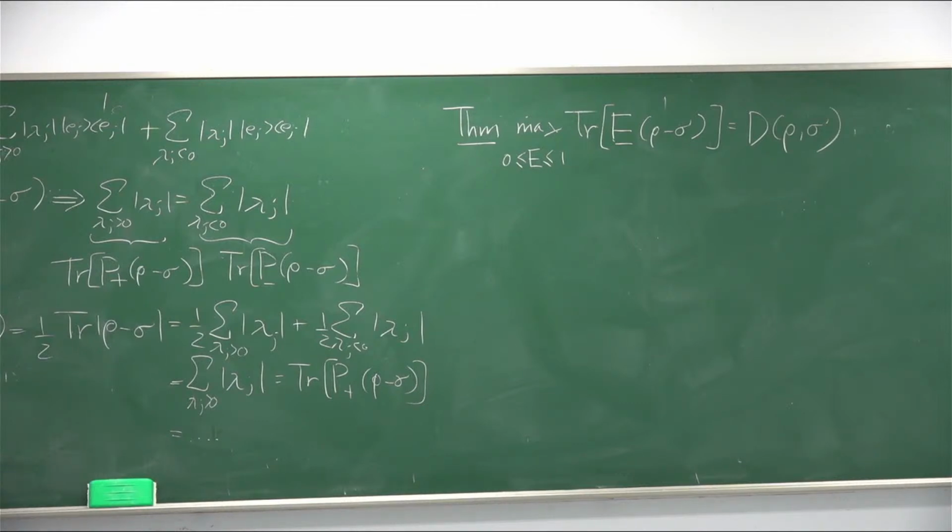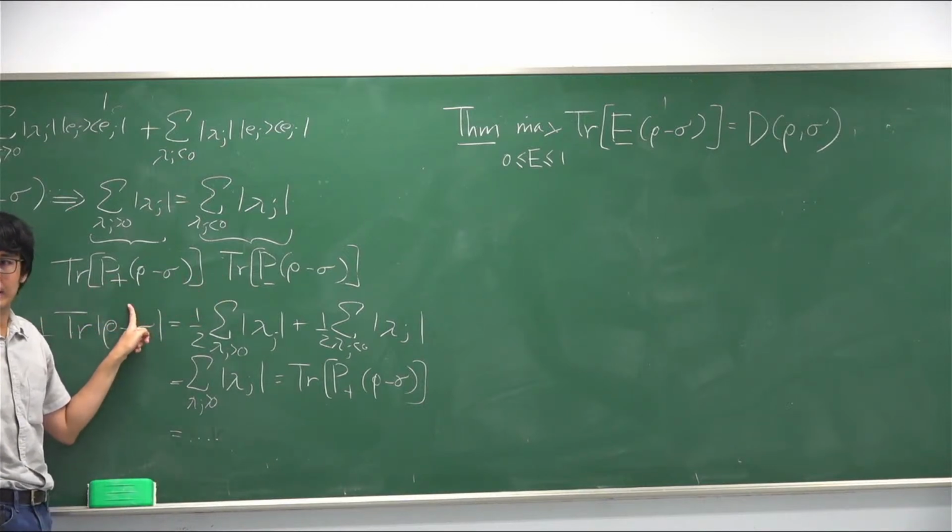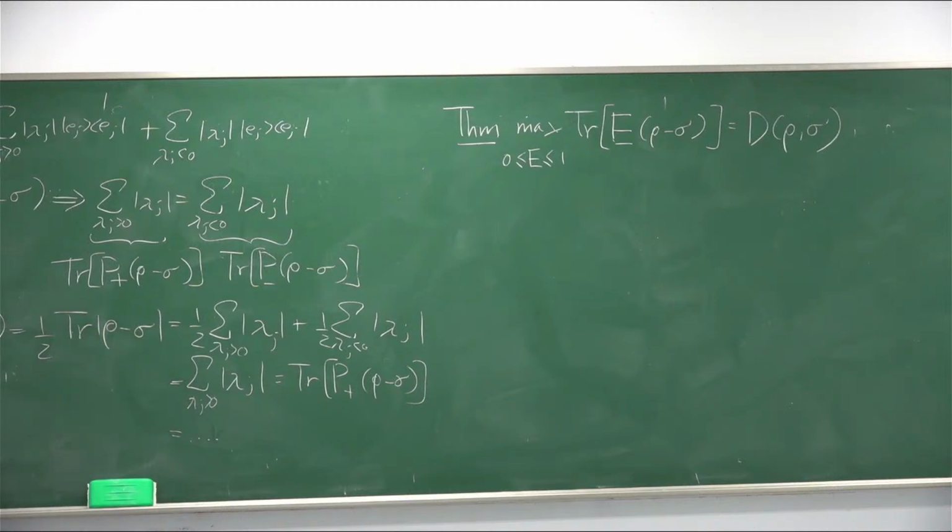And moreover, because the trace of density operators is always 1, you get that the sum of the positive eigenvalues and the sum of the negative eigenvalues have the same magnitude. Actually, that's kind of nice. And here P plus and P minus denote the projectors onto the plus and minus eigenspaces, which is like the projector would be something like this, except just throwing away the eigenvalues here.